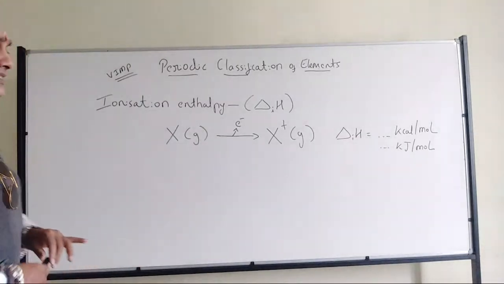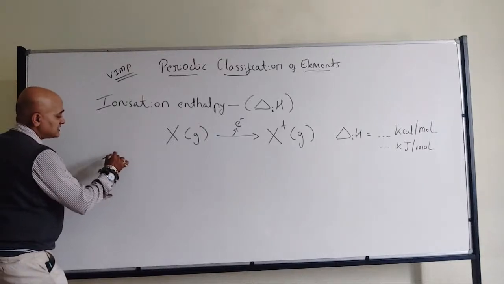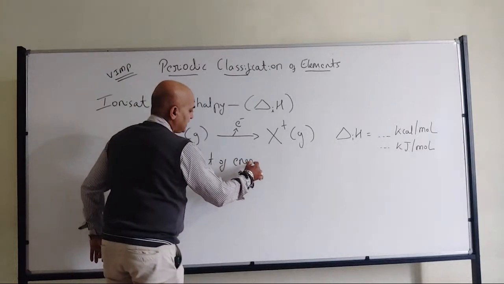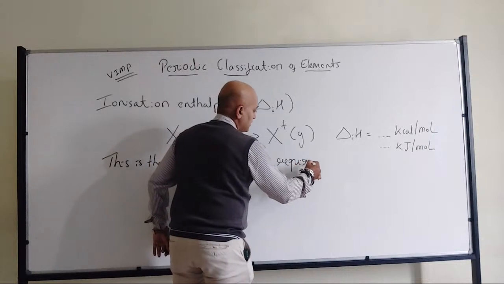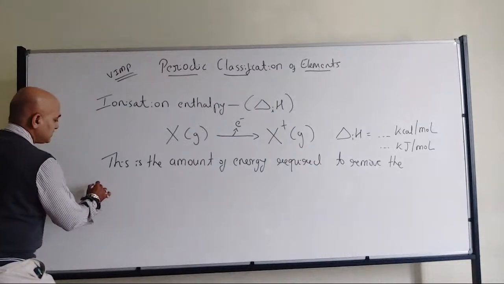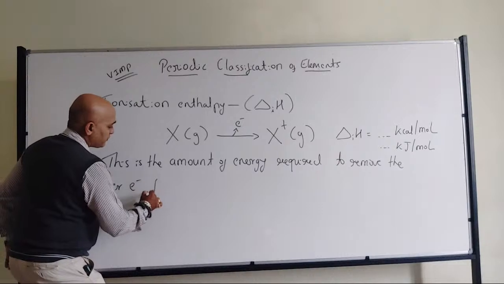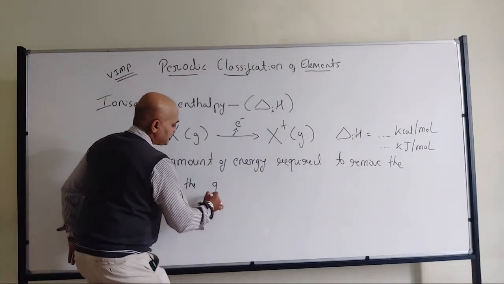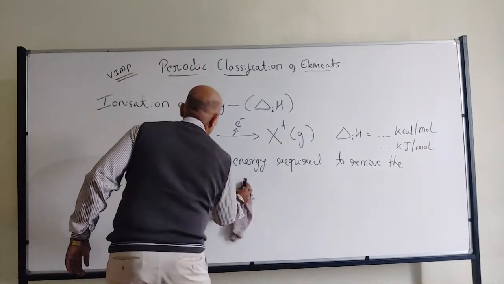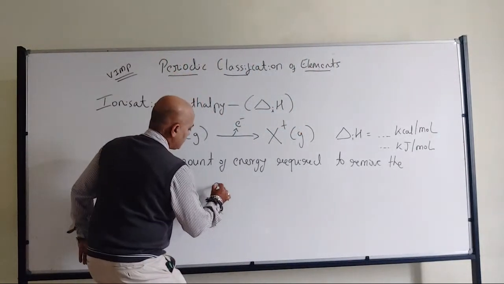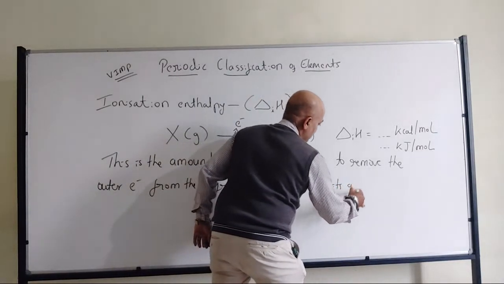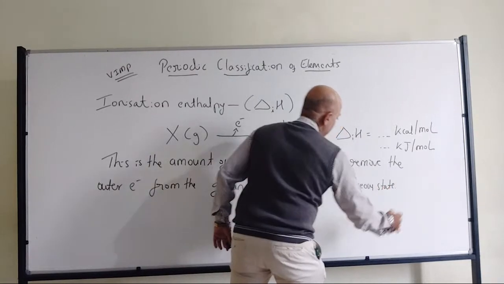It is the amount of energy required to remove the outer electrons from the gaseous state of the atom, or from the ground state atom in its gaseous state.